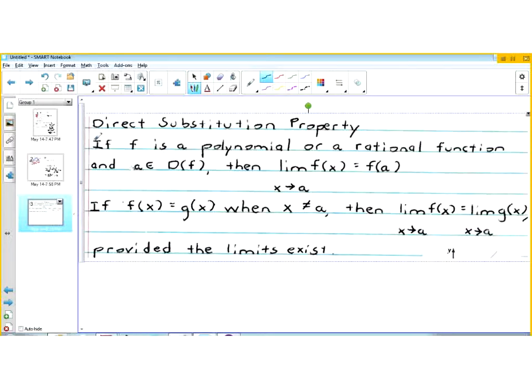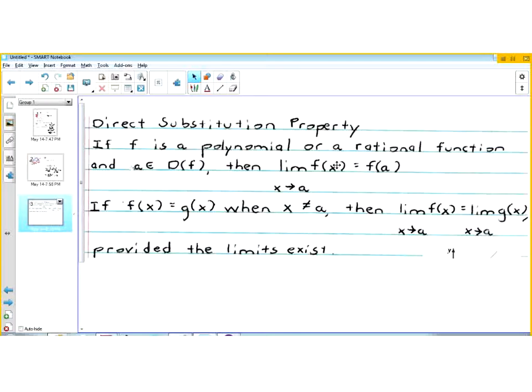The direct substitution property: if f is a polynomial or a rational function, and a is in the domain of the function, then the limit as x approaches a of f of x is equal to f of a. So you can just take the a value and plug it directly into the function and you'll get the limit. That's true with polynomials and with rational functions, provided that a is in the domain of the rational function.